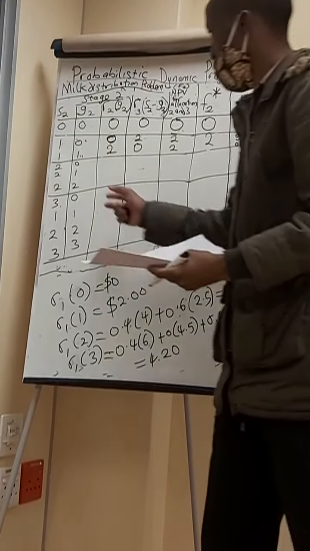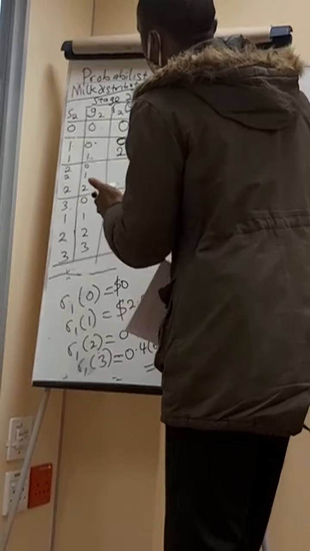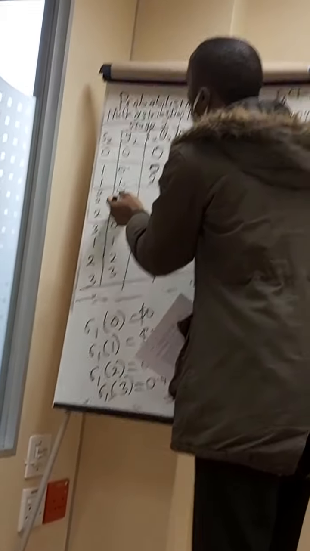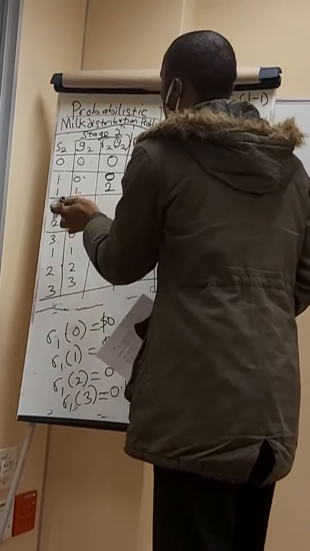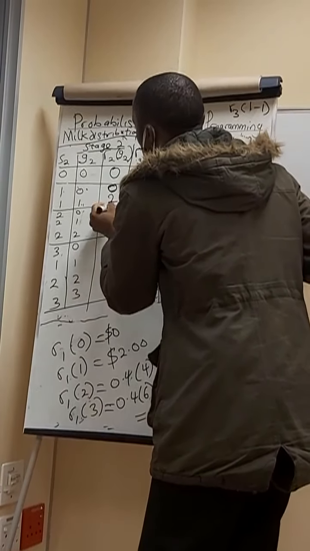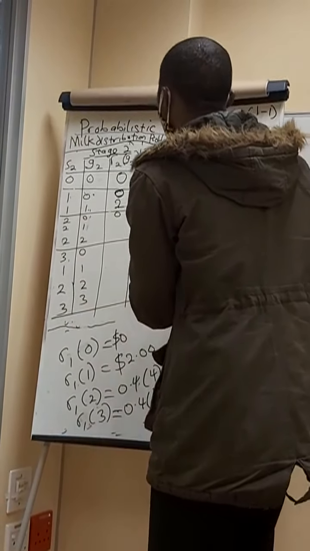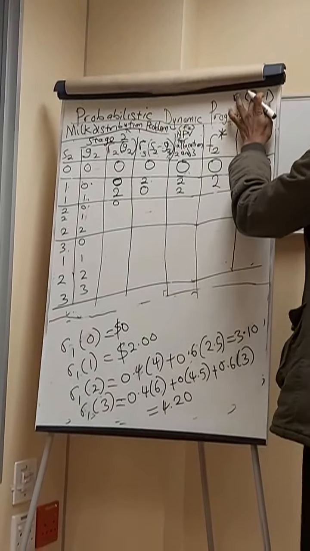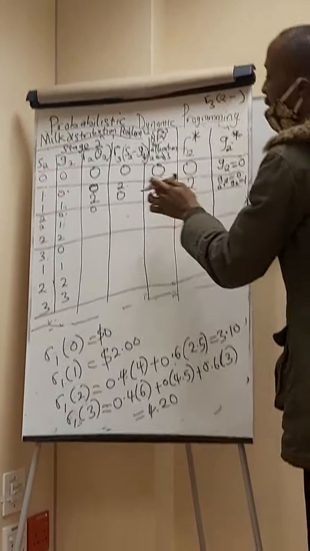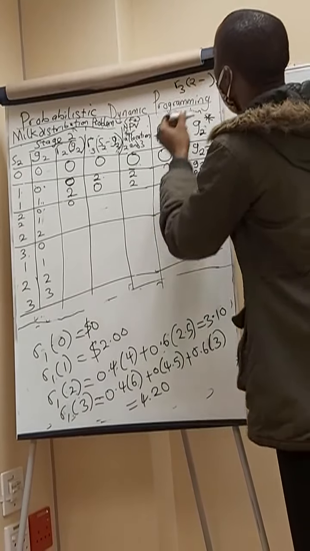So let's go to if 2 gallons of milk are available, and let's see how it works. If you have 2 gallons of milk available, you can allocate either 0, 1, or 2, and that's what you have here. Let's do the analysis. If you allocate 0, R2 of 0 gives you 0 based on our previous calculation. Then R3 of, don't forget, S2 is 2, and G2 in this computation is 0.